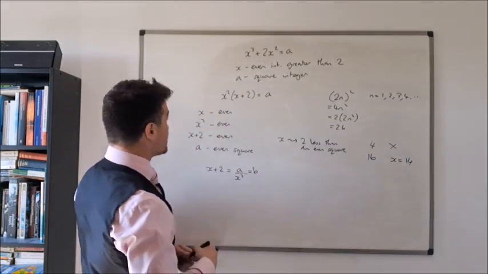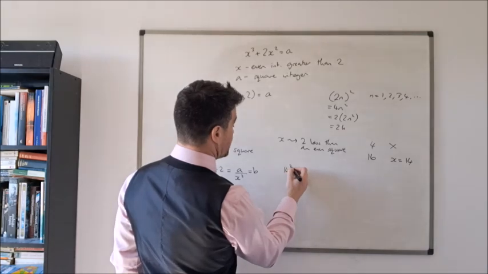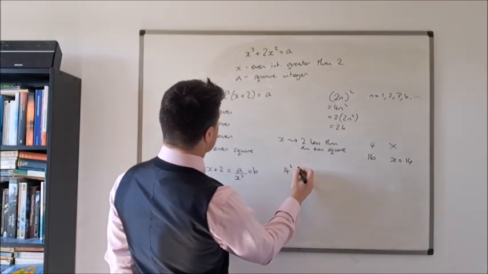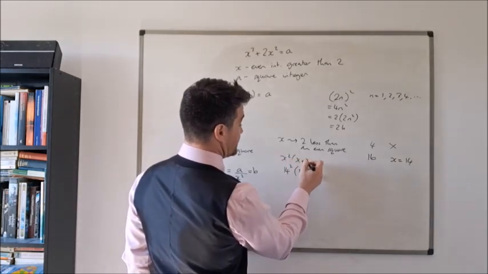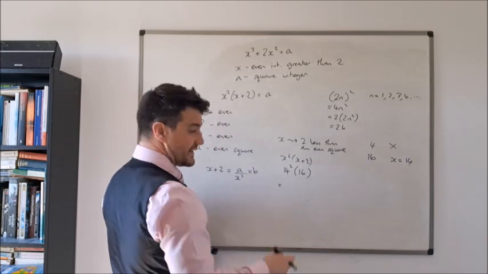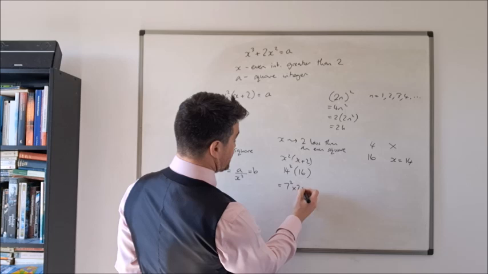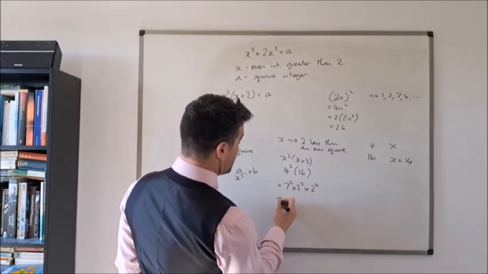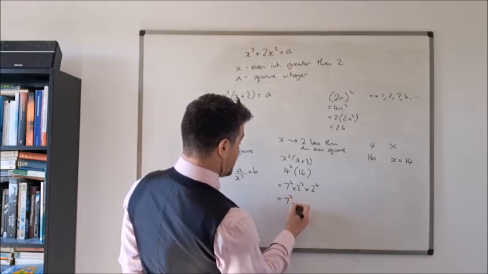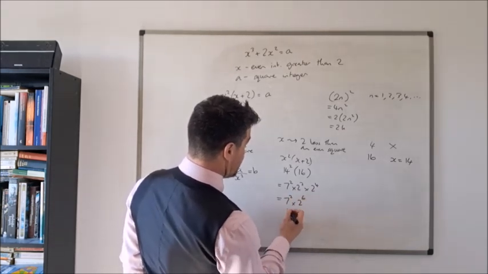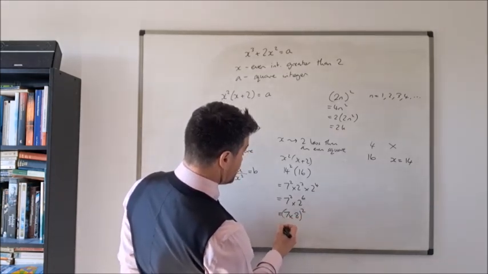So if x is equal to 14, then x squared, 14 squared, times 16. So this is x squared times (x plus 2), by the way. Okay, so I don't really fancy getting my calculator out. So what I know is that this is going to be 7 squared times 2 squared times 2 to the power of 4, which is 7 squared times 2 to the power of 6, which is (7 times 2 cubed) squared, 7 times 8 squared.